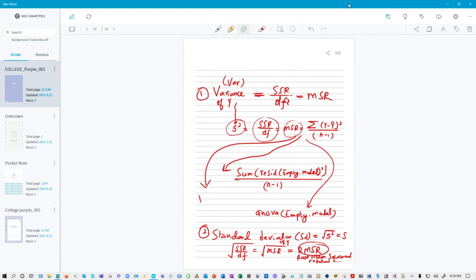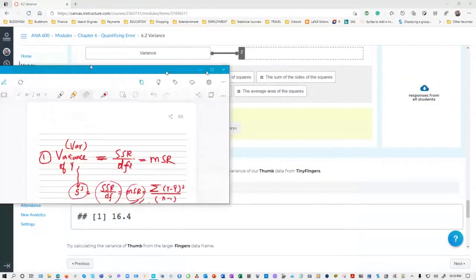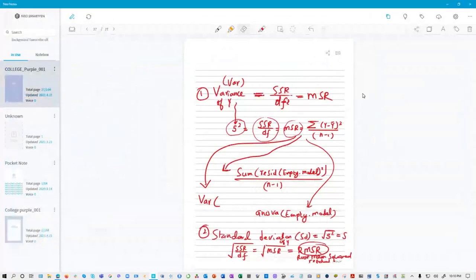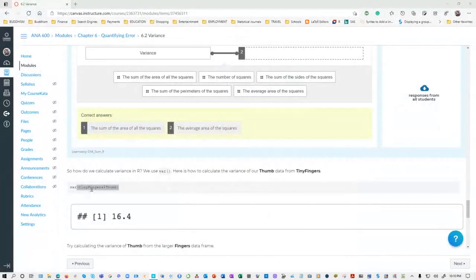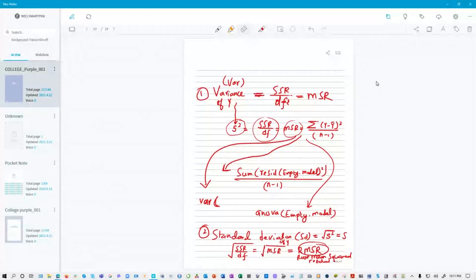Another way of doing this is to use the var function, lowercase. Then straight go to tiny fingers and go to thumb. You don't have to run the model.